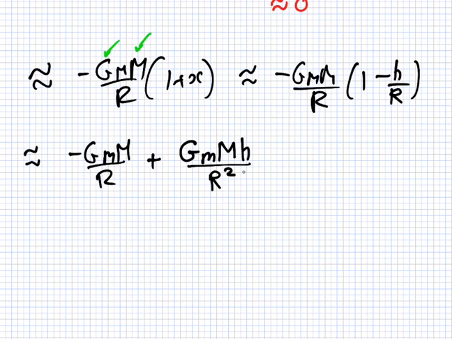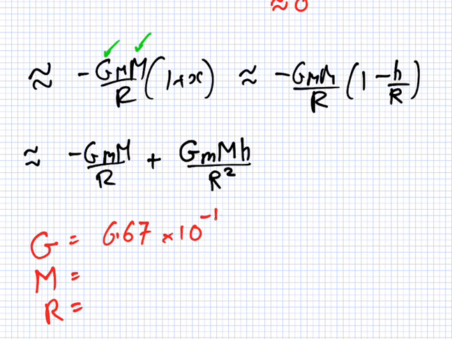I know what the big G is. What I need to know is the mass of the Earth and the radius of the Earth. So, can someone Google that, please? I want to plug the numbers in, to get rid of the constant, so we can have a look at numbers.